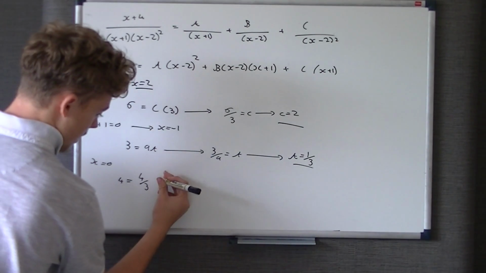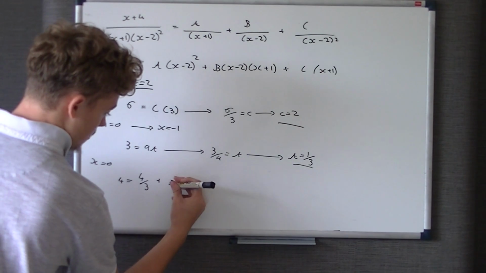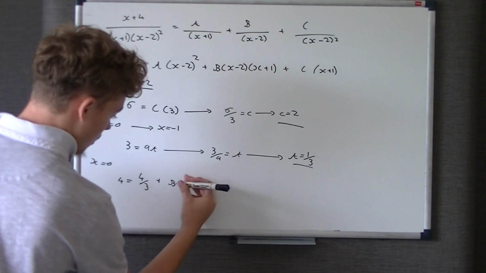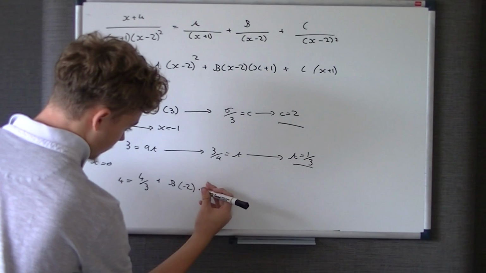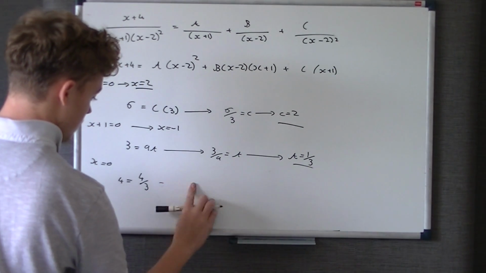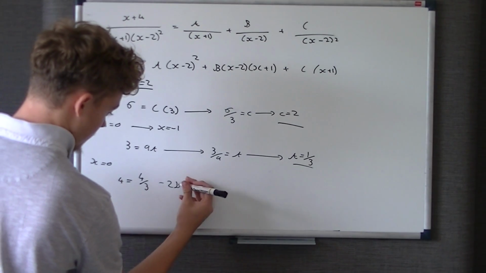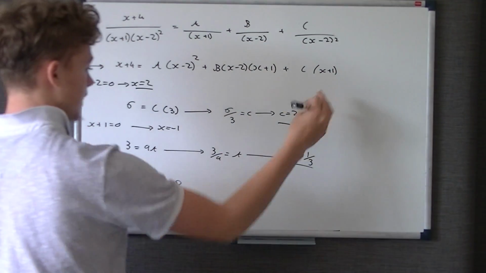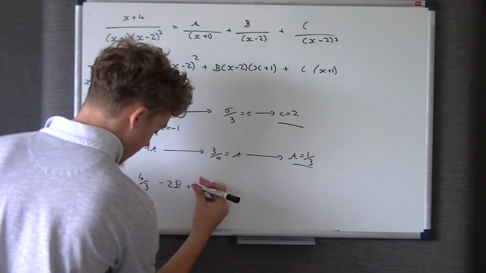And we don't know what b is, so it's just b times minus 2 times 1, so we put minus 2b, or we could write that as take 2b, if you want to rewrite it like that. You know what c is? C times 1, that's 2, so that's add 2.